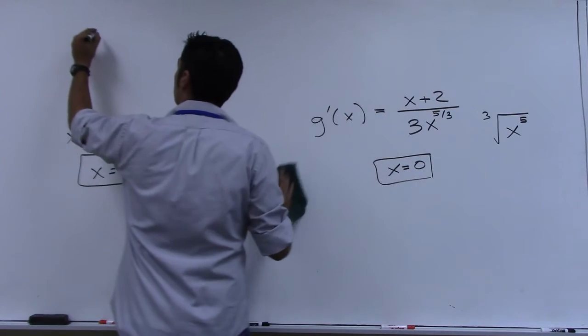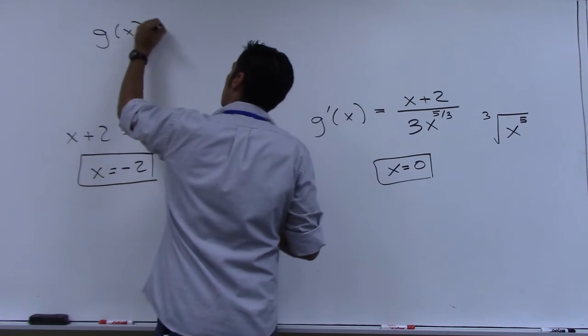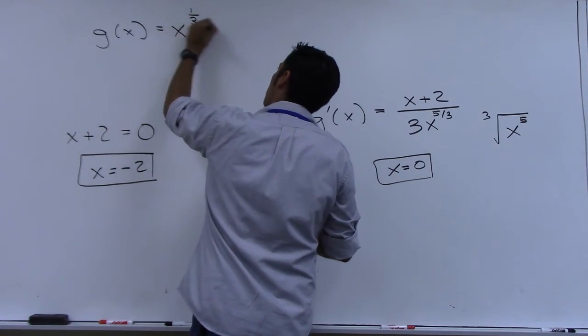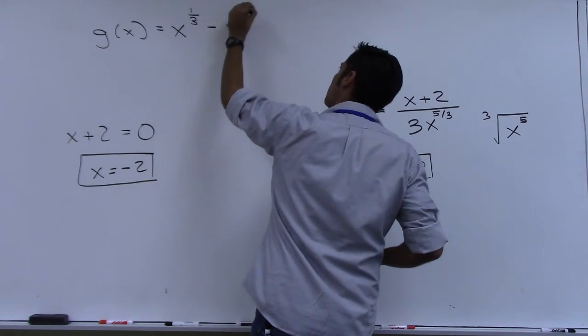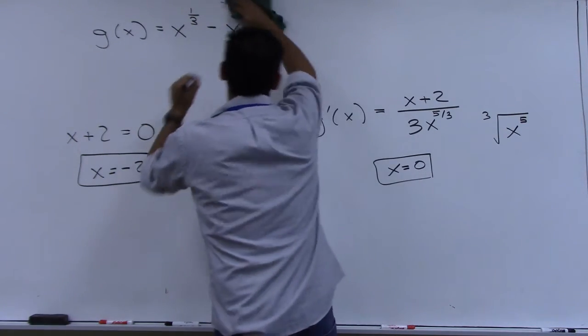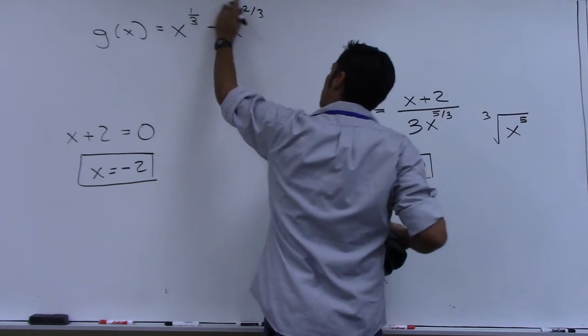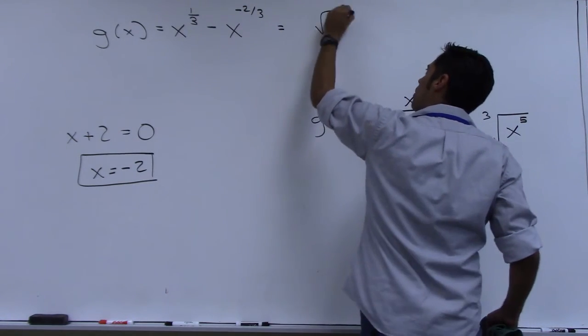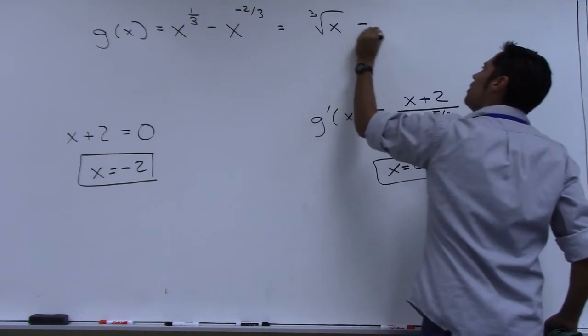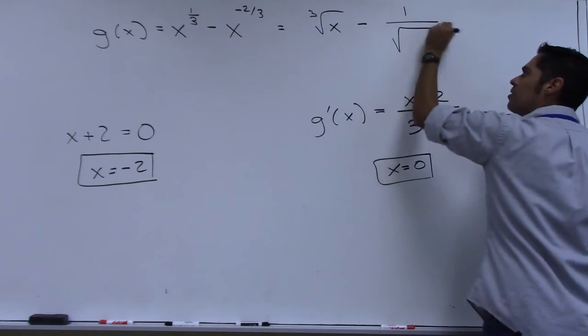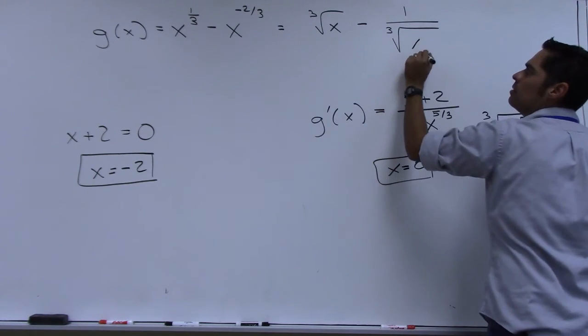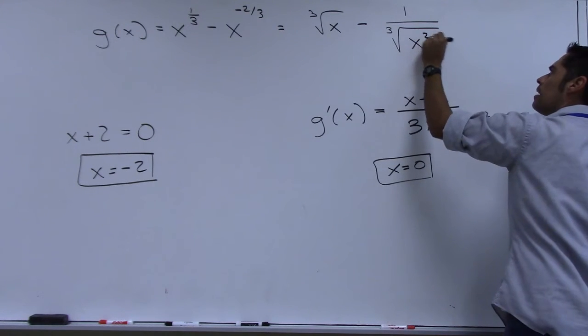Let's go back. G of x was x to the 1/3 minus x to the negative 2/3, right? Which is really cube root of x minus 1 over the cube root of x squared. Isn't that what that is?